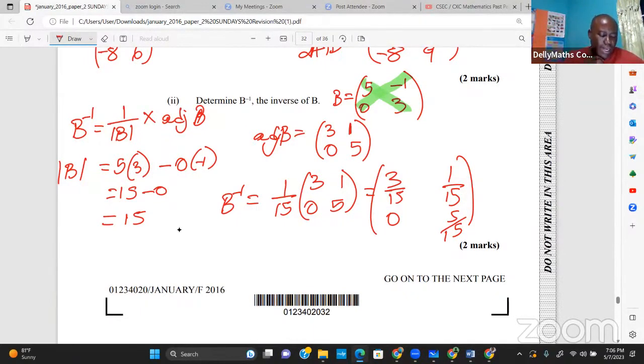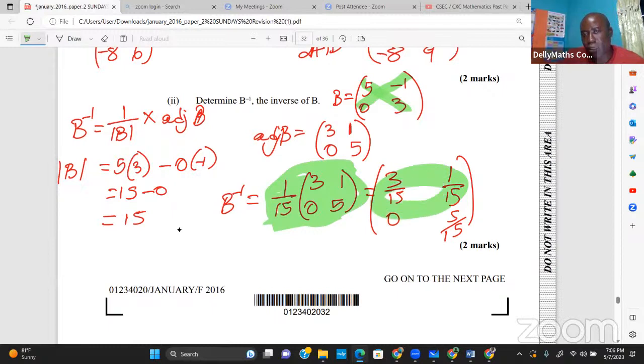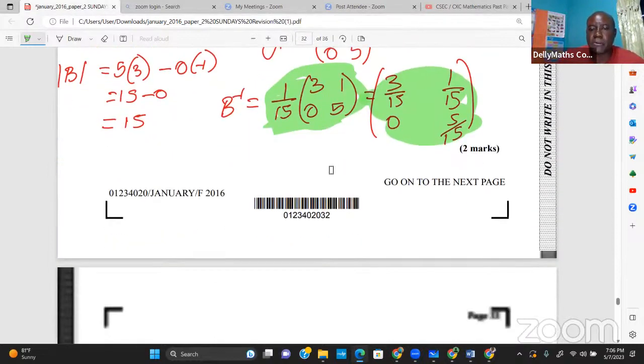So we break it down, and there we have that. That is our inverse. Our inverse was already developed from here. That's the idea. They will give you this if they see it. Simplified, here it is. Right? Remember, 0 over 15 is 0, so I didn't bother to write 0 over 15 because it is 0.